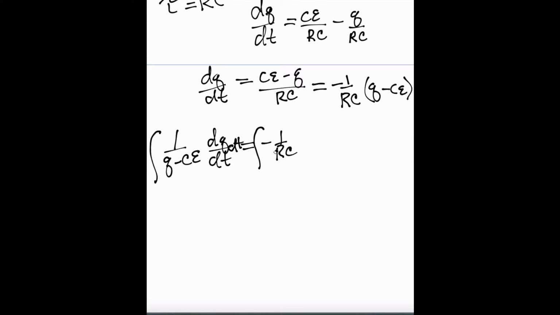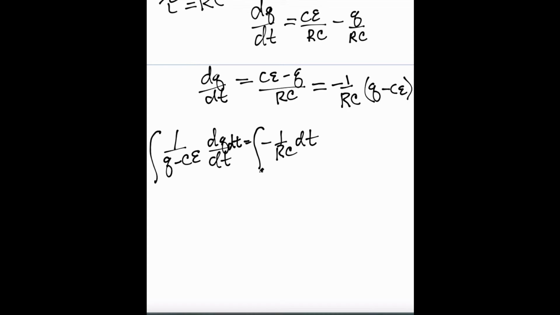Let's clean that up slightly: dt equals dt. When you integrate this dt over dt, these two infinitesimal changes in time essentially go away.